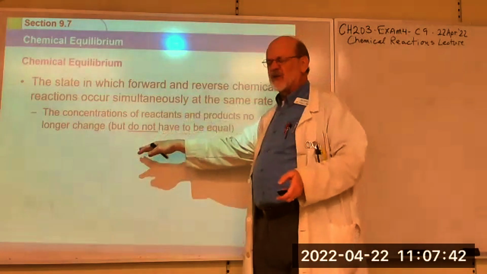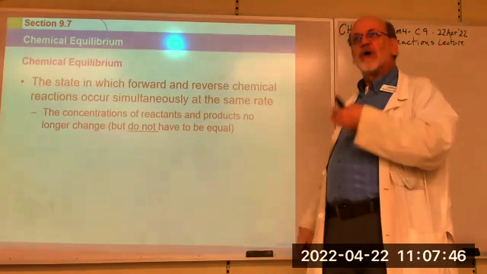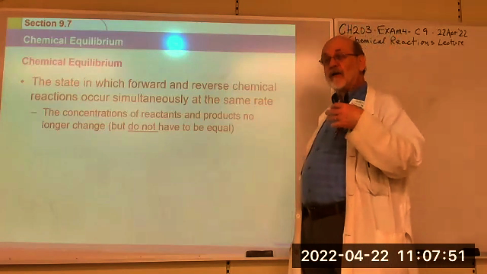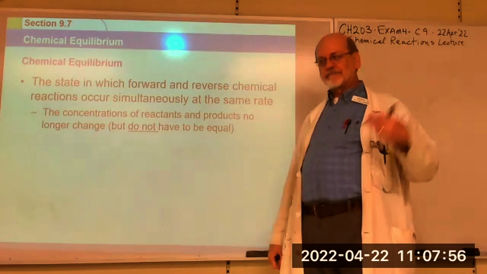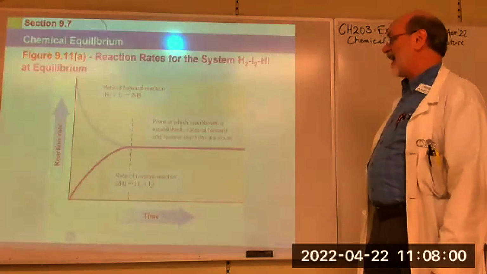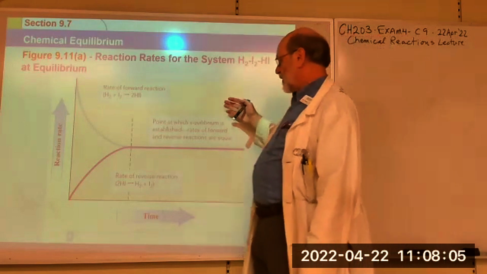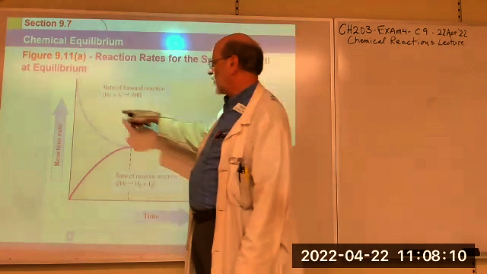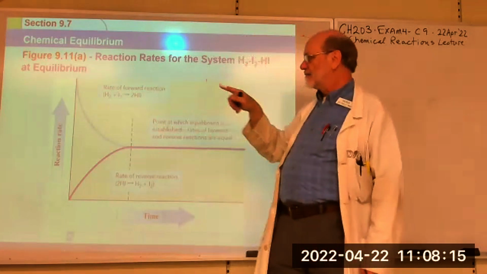They don't have to be exactly equal either. You can have an equilibrium where you have just a little bit of product produced and mostly reactant still. Or you can have very little reactant left and lots of product. Okay, so what's happening? Here's an example where the forward reaction is hydrogen and iodine yields hydrogen iodide.